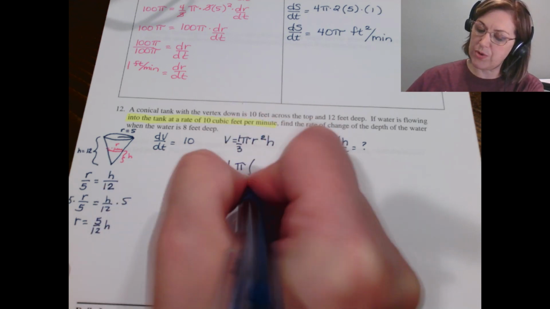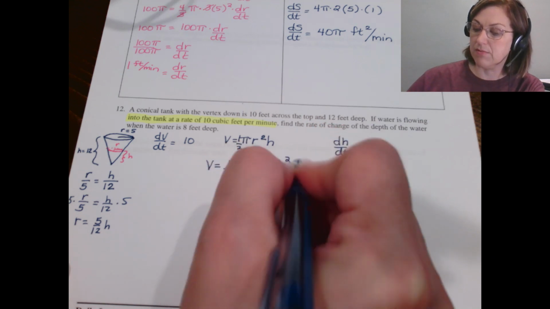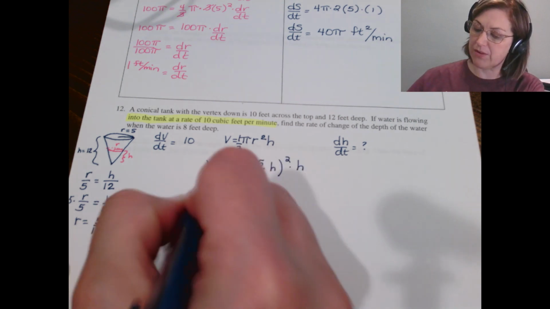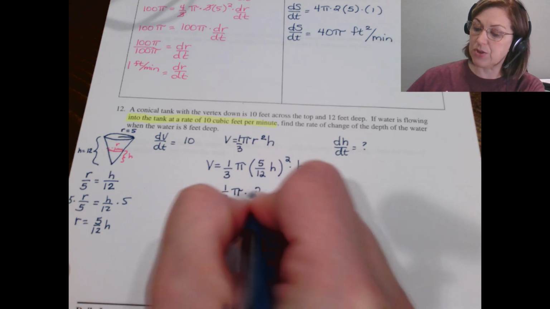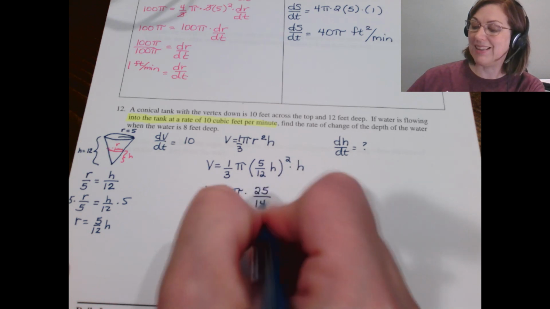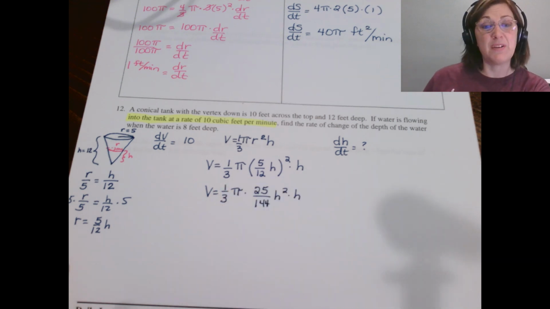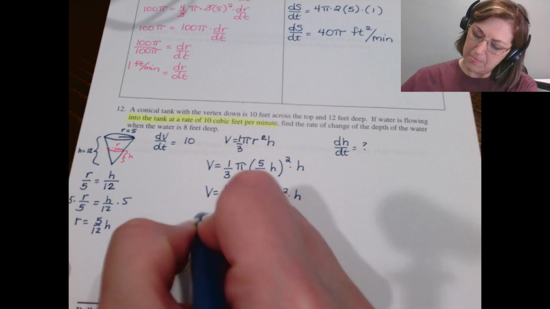Now, friends, notice that I have not done any calculus at this point. This is just straight up algebra to get rid of one variable. Sometimes we can do the algebra to make the calculus easier. And in that case, if it makes the calculus easier, I definitely want to do it.